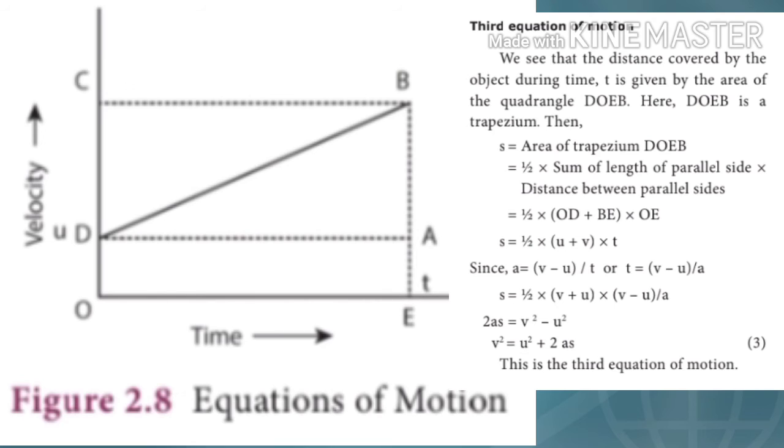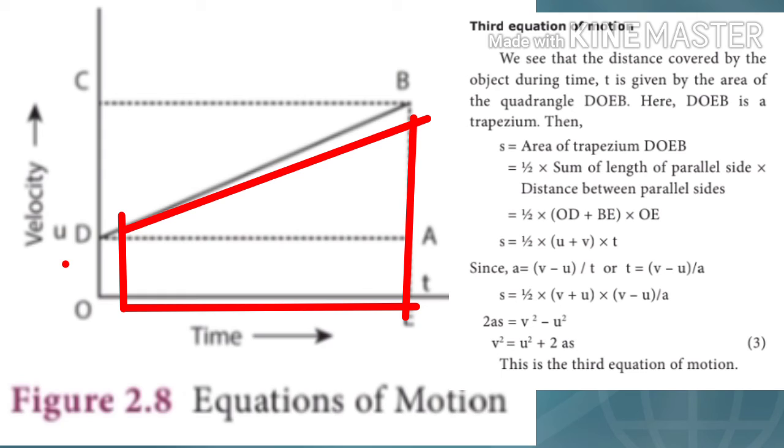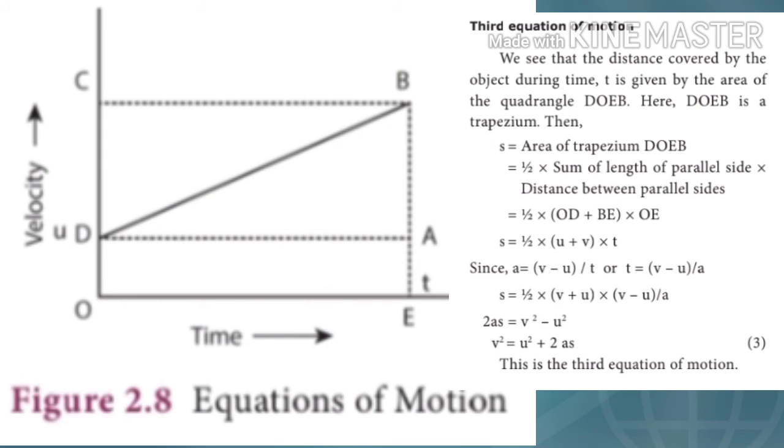Then s is equal to area of trapezium DOEB equal to half into sum of length of parallel sides into distance between parallel sides, is equal to half into length of parallel sides OD plus BE. Distance between parallel sides is OE. So s is equal to half into u plus v into t.